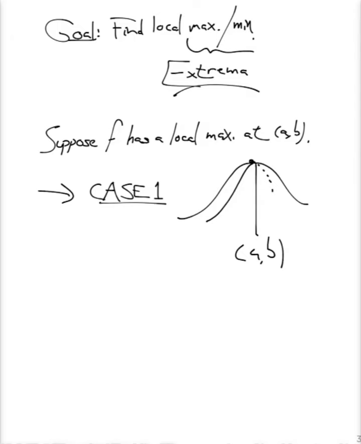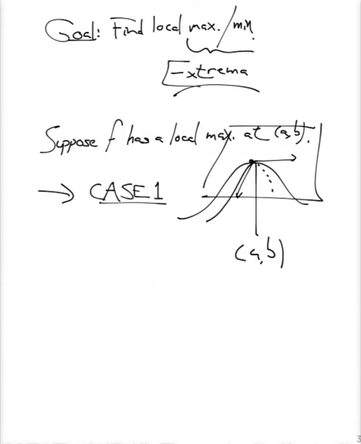So if this is the case, then at that local maximum, we can see that both the x and y partial derivatives are 0. Here I've attempted to draw with these arrows the partial derivatives at these points. This is just another way of saying that the tangent plane should be horizontal at a local maximum.